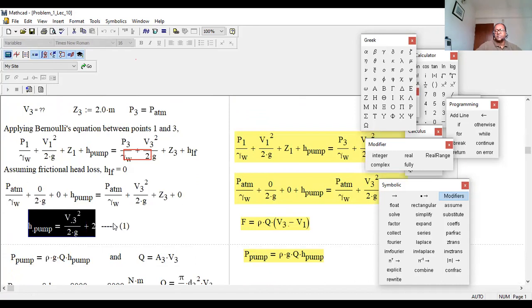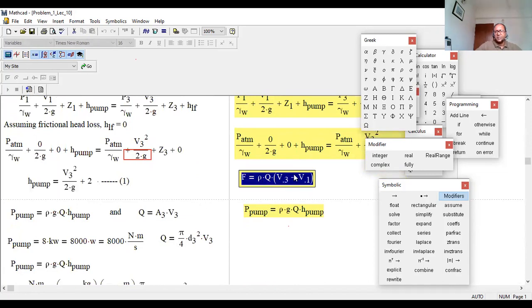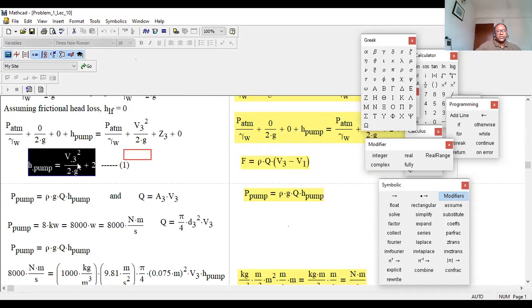Okay, H pump. So what is our requirement? We need to figure out the thrust on the pipe. If we know V3, V1 and Q, we can figure it out. V1 we already know, V1 equals 0. So we need to figure out V3 and Q. So this is one equation.